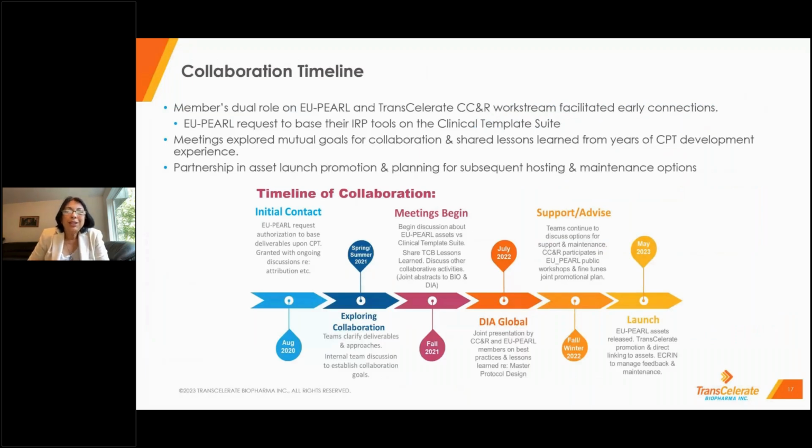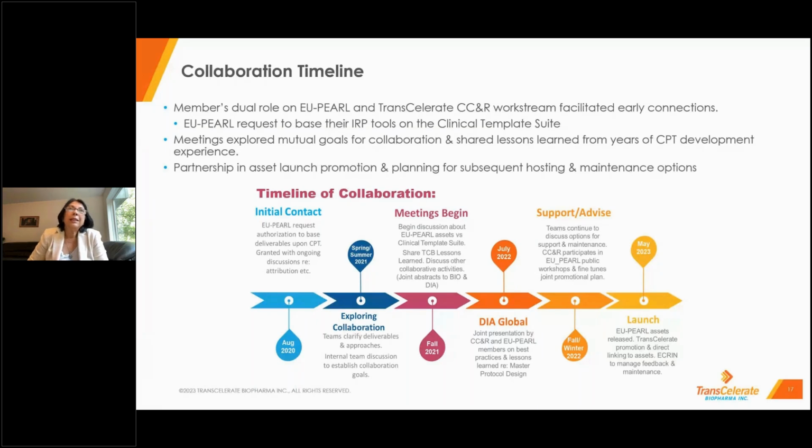So as I mentioned, EU-PEARL was exploring the use of a single master protocol, and this was a key source document that was needed to fulfill the trial's conduct obligations, which required the examination of the templates which are used to fulfill the dynamic and modern drug development environment that we are in.